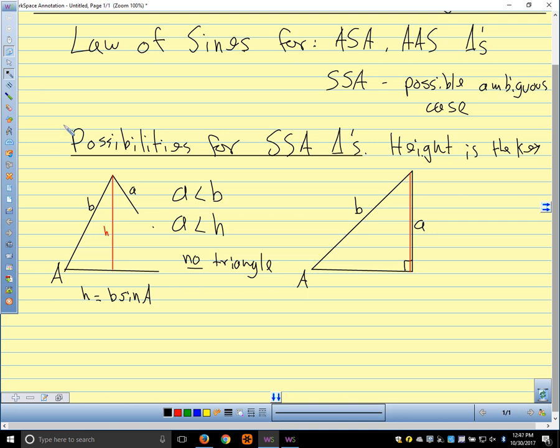And that's my height, H. In this case, A equals the height. Well, if that happens, we get one right triangle. A just barely connects. It's barely long enough to connect there. It's exactly the height.